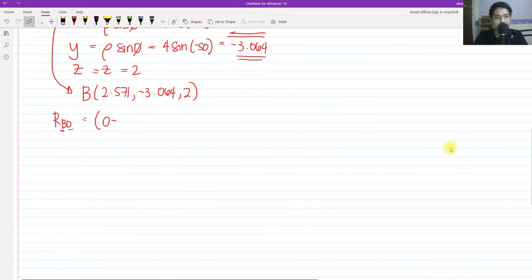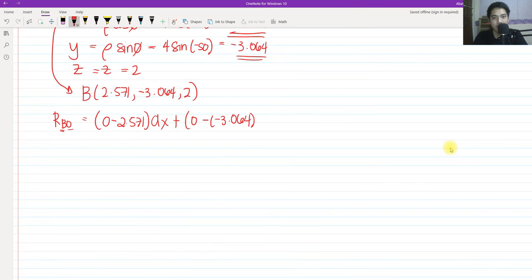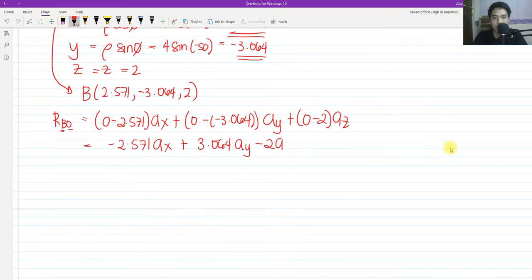So the origin is 0 minus 2.571 a_x, plus 0 minus the negative 3.064 a_y, plus 0 minus 2 a_z. So we have negative 2.571 a_x, plus, negative times negative becomes plus, 3.064 a_y, minus 2 a_z. Now, this is the vector stretching from point B to the origin.